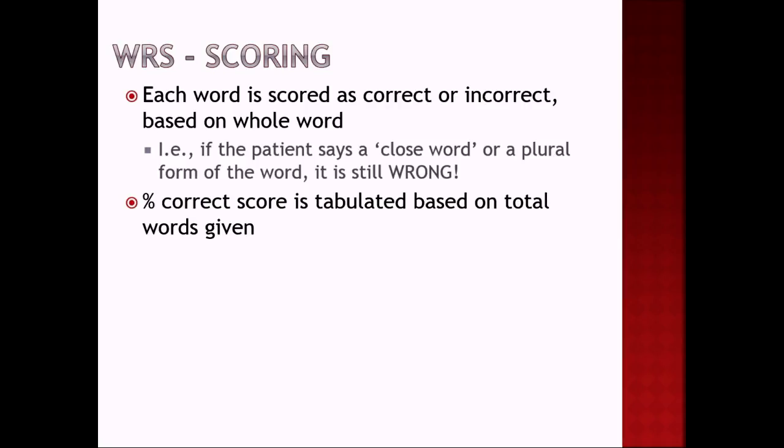If somebody says something like law or something close, I will score it as correct, just because that's not a word that's in a lot of people's vocabulary any longer. Then a % correct score is tabulated based on the total number of words that you gave. If you gave 10 words and they got 9 out of 10 correct, they would have a 90% correct score.